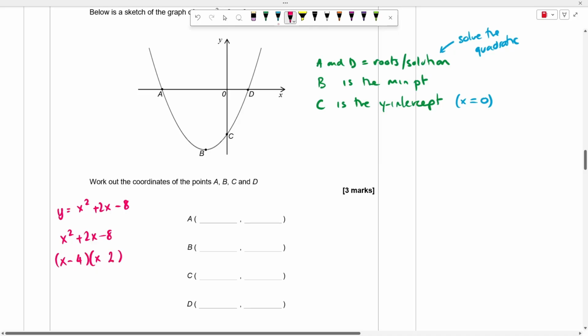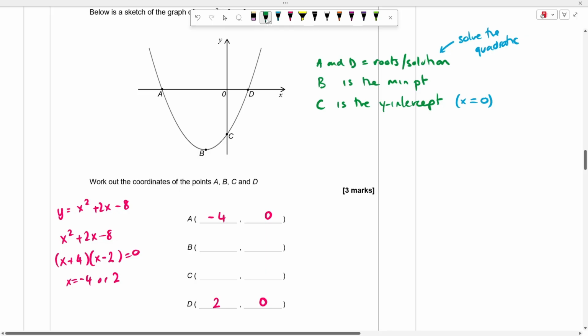As the 2x is positive, that's going to mean that our biggest number is going to be positive, and as it's a negative, it means that we've got different signs in the two brackets. So solving this, we get x equals negative 4 or positive 2, which resembles where A and D are. So the coordinates for A, which is our negative root, is going to be minus 4, 0, and D is the positive root, and that's going to have a coordinate of 2, 0.